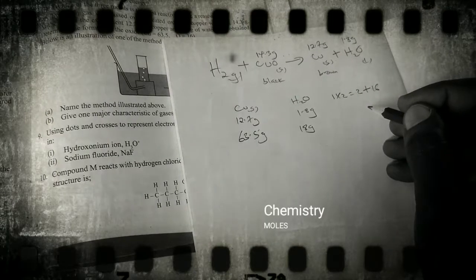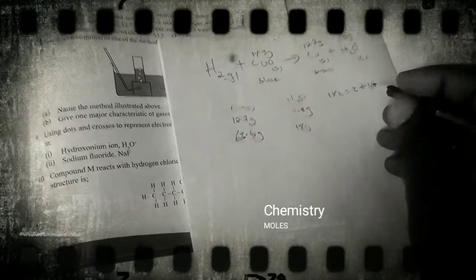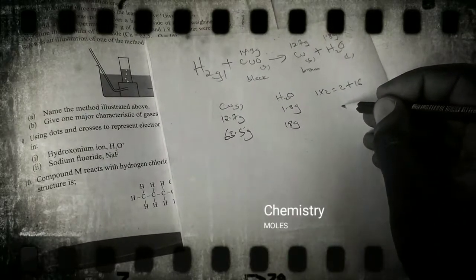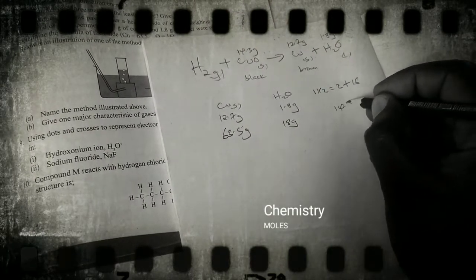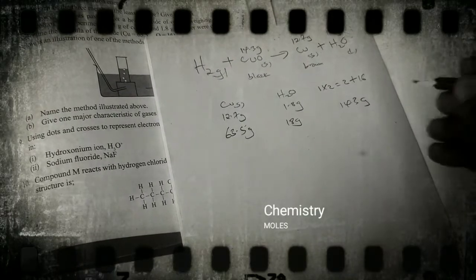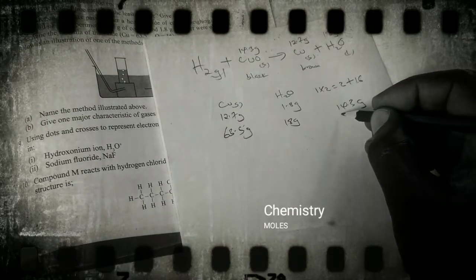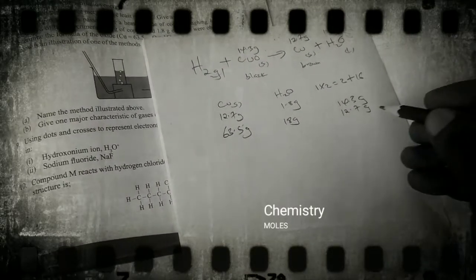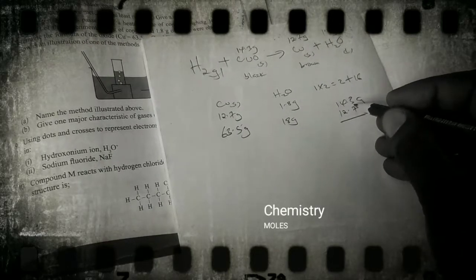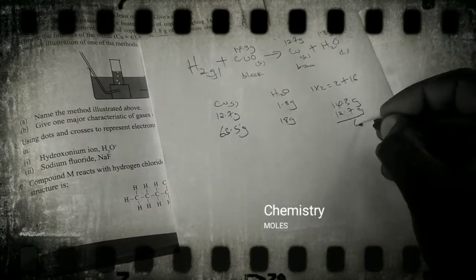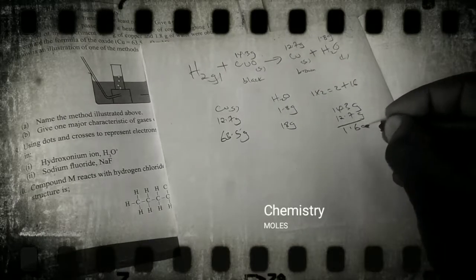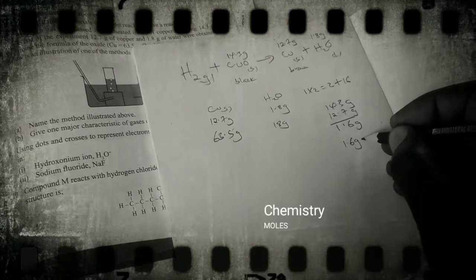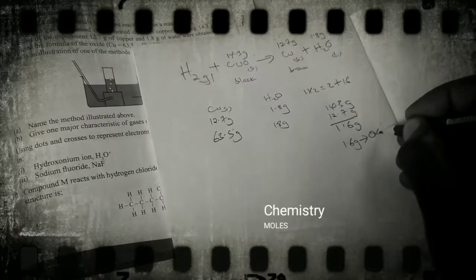So if you want to get the exact mass of oxygen, you take the mass of copper oxide, that is 14.3 minus 12.7, which is the mass of copper. From there you subtract, you get 1.6 grams. So it means 1.6 grams represents oxygen.